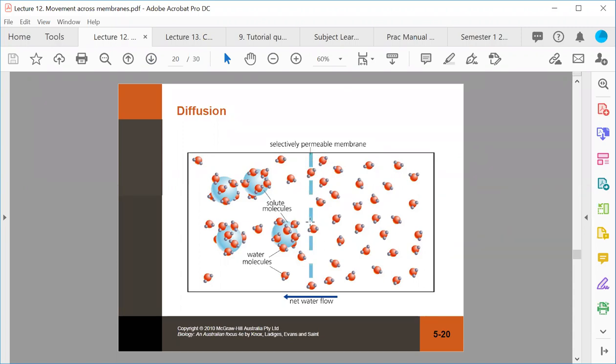This could be the plasma membrane or in fact any biological membrane. On this side of the membrane, we also have lots of water molecules, but we have these large blue solute molecules. These could be ions, sodium ions, for example, and chloride ions, but probably just one type.